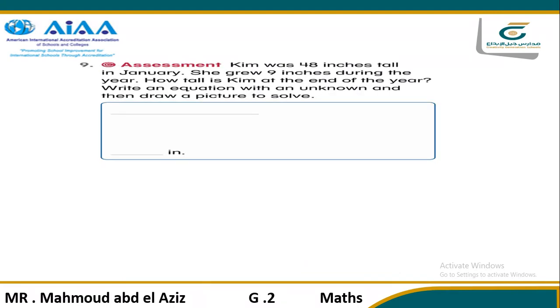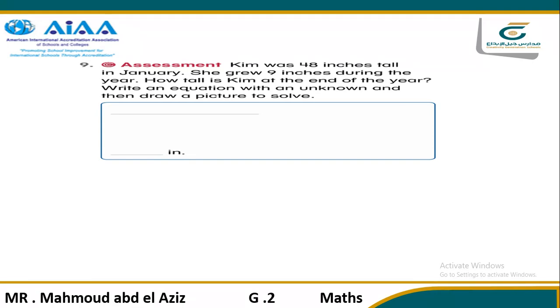Another question. Kim was 48 inches tall in January and she grew 9 inches during the year. How tall is Kim at the end of the year? She grew. So is that add or subtract? Plus or minus? Excellent.